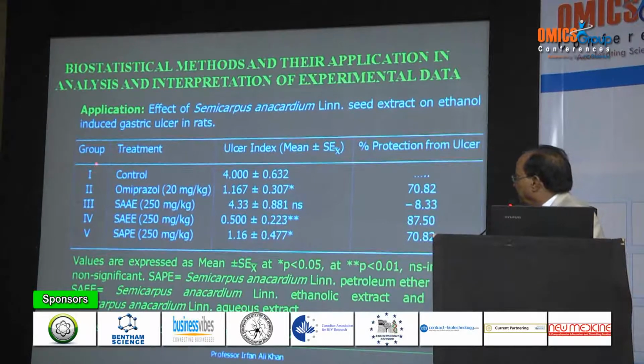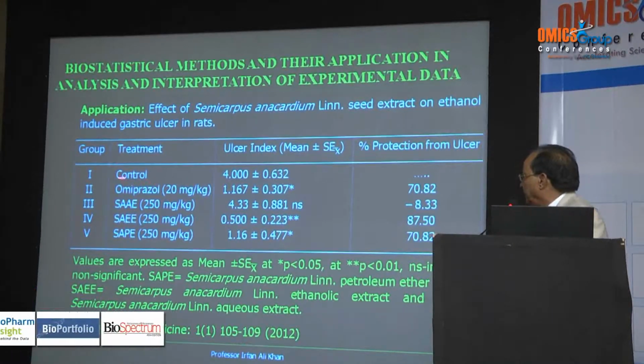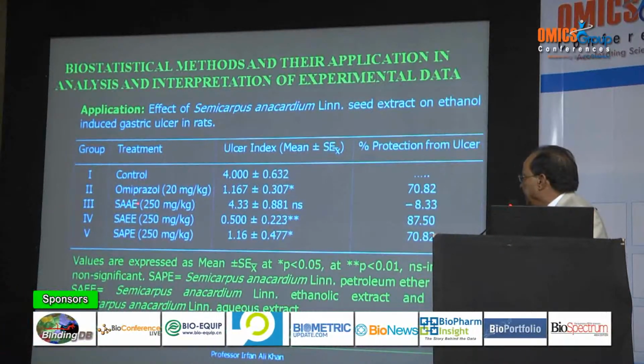We have seen in control, omeprazole and SAAE, I have already given here, SAEE and SAPE, where we have seen the control, where in this case, third case, the same value is there, but unfortunately this value is non-significant because of the fact that the standard error is quite high.